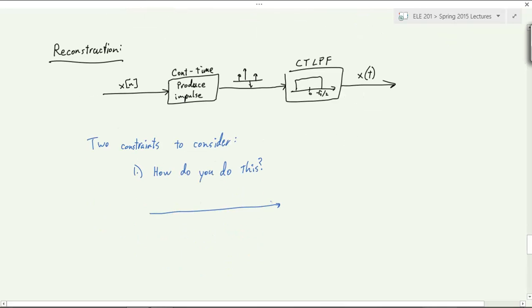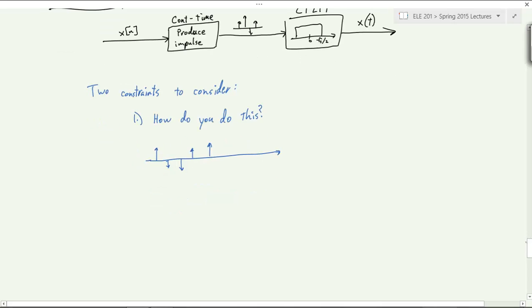You can approximate them, make very strong pulses with a certain amount of total impulse, which would be the integral of them. So very brief pulses. But that's just an approximation, and maybe that's difficult to build in circuitry because you might have very large voltages or whatever's carrying the signal.